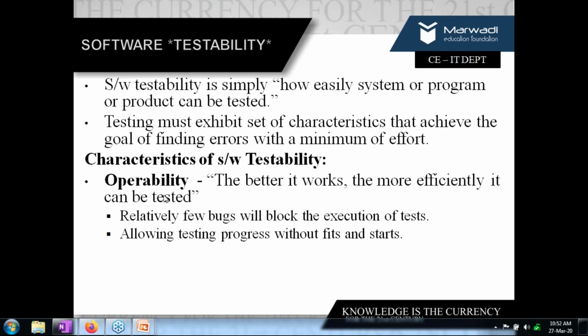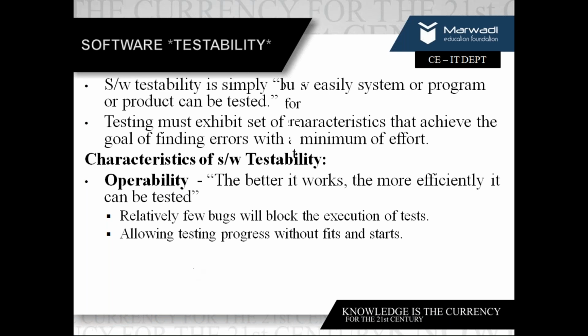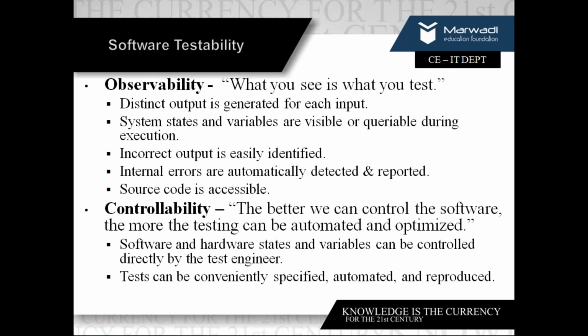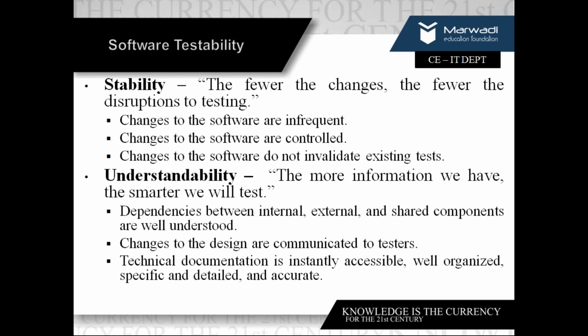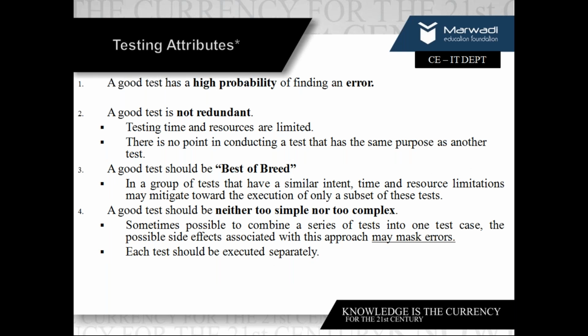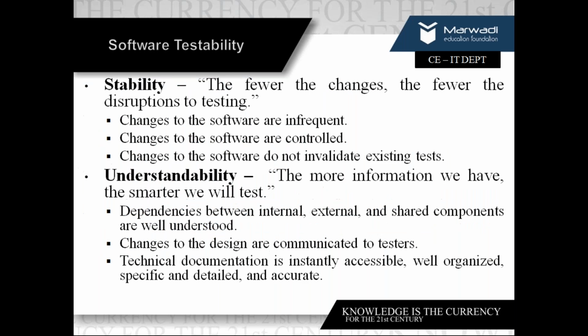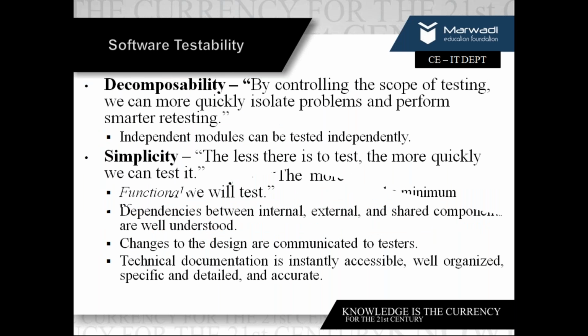Operability, understandability, simplicity, let us go through, controllability, decomposability, am I able to decompose the units, stability, understandability. Okay, so these are the points. Let us see them in brief.